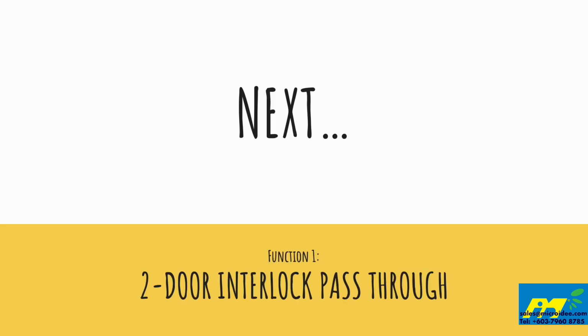2-door interlock pass-through. Today, the first function we will be discussing is the 2-door interlock pass-through. There is no such thing as a 1-door interlock pass-through, okay? Because for an interlock to happen, you need more than 1 door.